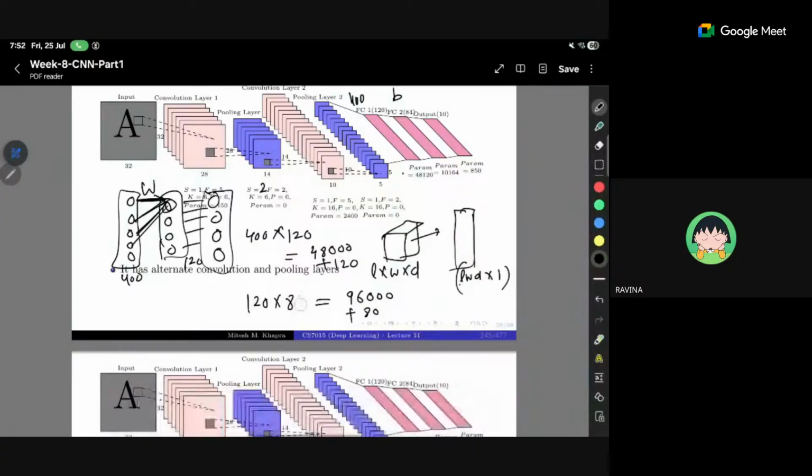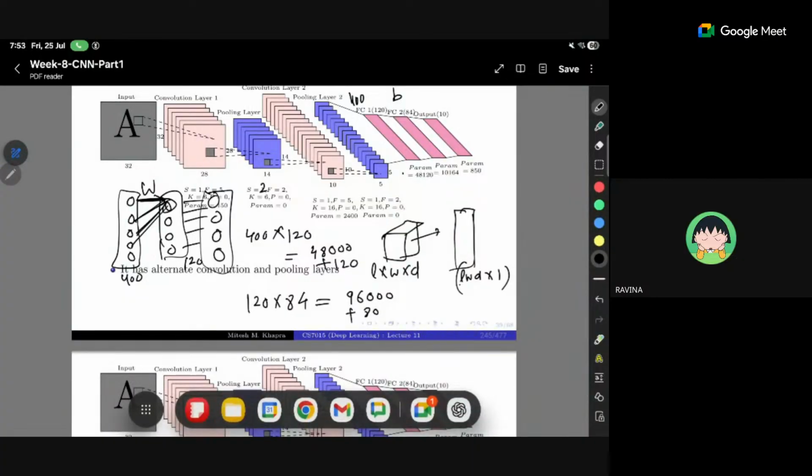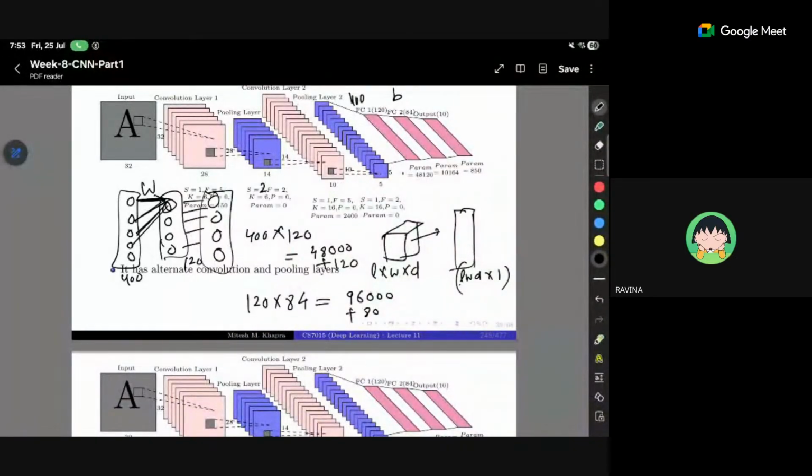Sorry, it should be 84, not 80. So 120 cross 84 would be 10,080. That is 10,080, and 84 you add on top of that, you'll get 10,164.